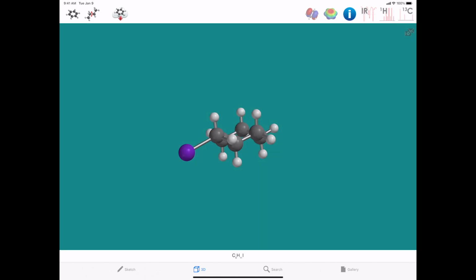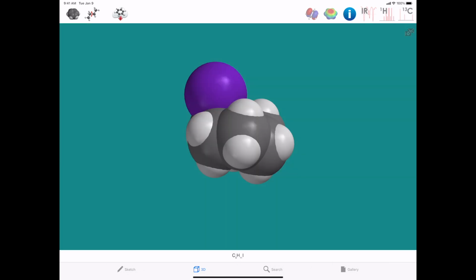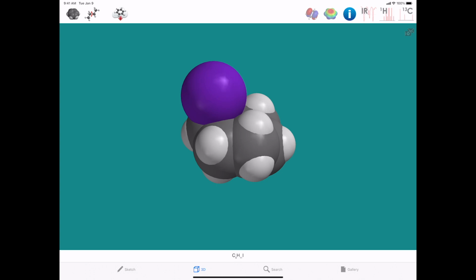So here's the equatorial conformation, and here's the axial conformation. Far enough out there that it doesn't actually make a difference. Go ahead. Why is the bond longer? The bond is longer simply because the atom is larger. It literally can't get any closer.